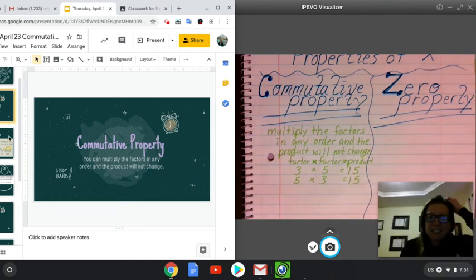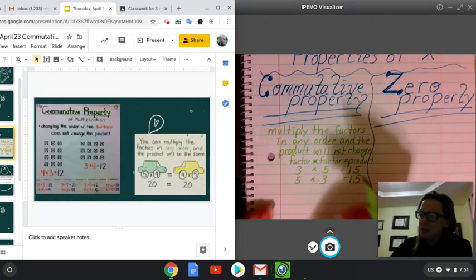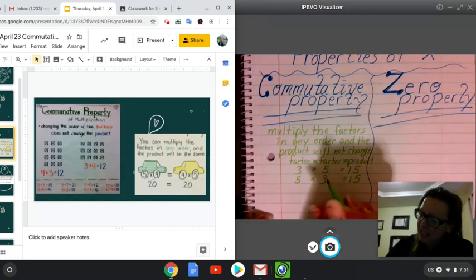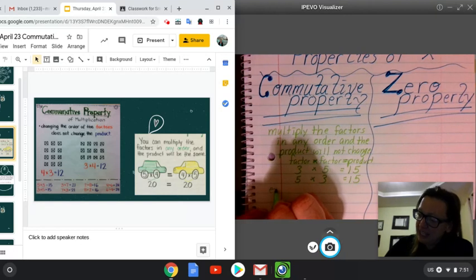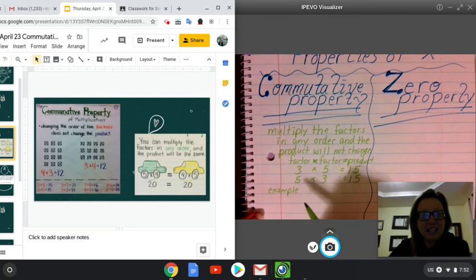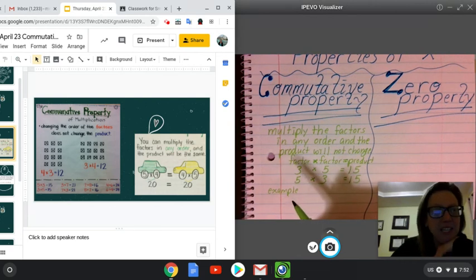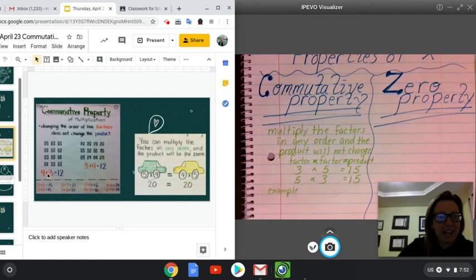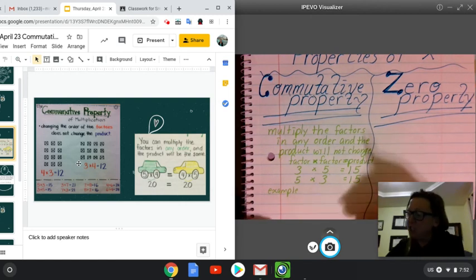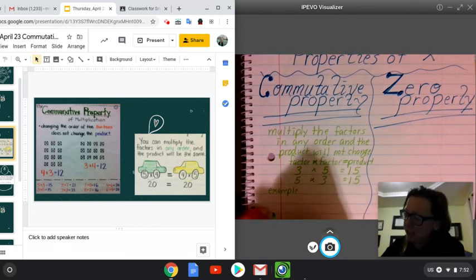So let's look at the commutative property in a slightly different way. Watch this next example. They put 5 times 4, and then over there we have 4 times 3, and they've shown it in an array to show you that it doesn't change the answer.